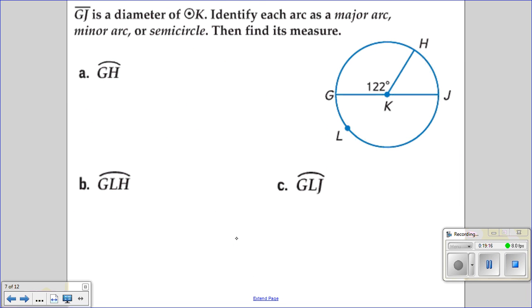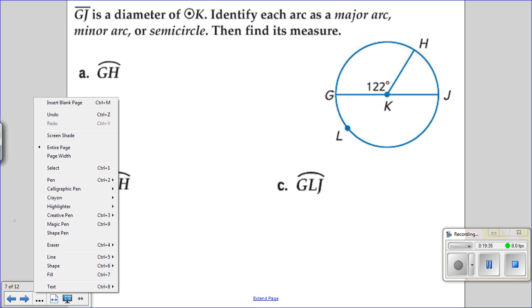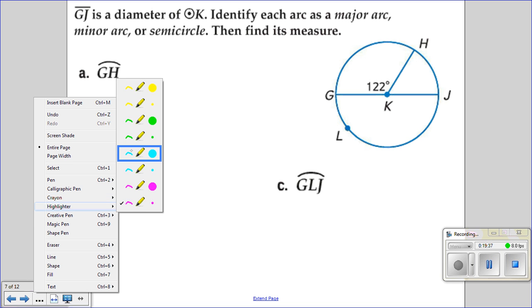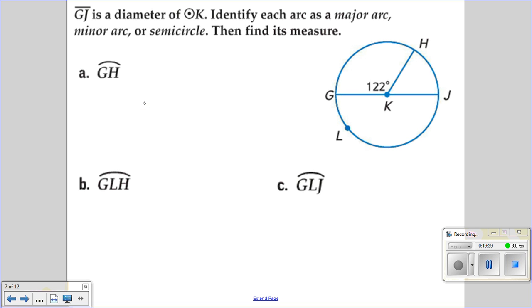In this example, it tells us that GJ is the diameter of circle K. Identify each arc as a major arc, minor arc, or semicircle. Then find its measure. All right, so arc GH is right here.